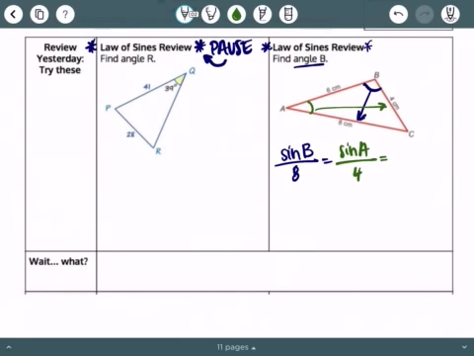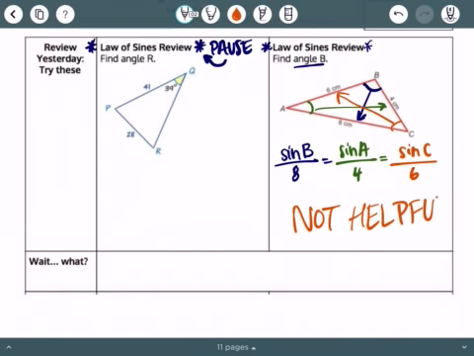Which is fine, but it doesn't help me because A doesn't have a pair. And then angle C would be sine C over 6, but that doesn't help me. This is not helpful because there are no pairs. So we can't really use it.